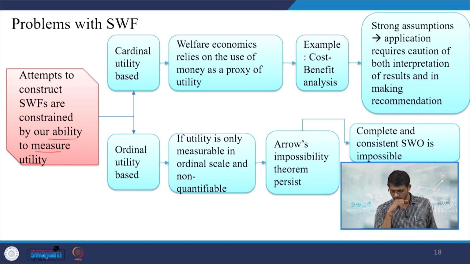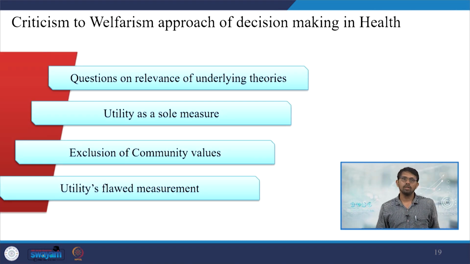A complete and consistent social welfare ordering is usually impossible, as mentioned in the works of Arrow. We will also discuss here the criticisms of the welfarism approach to decision making in health.